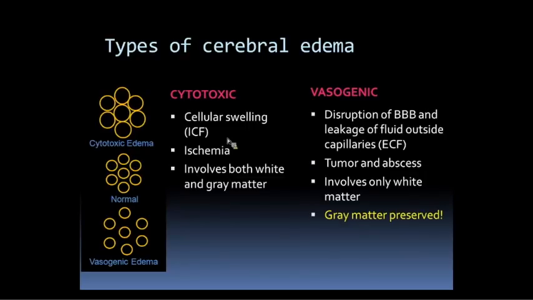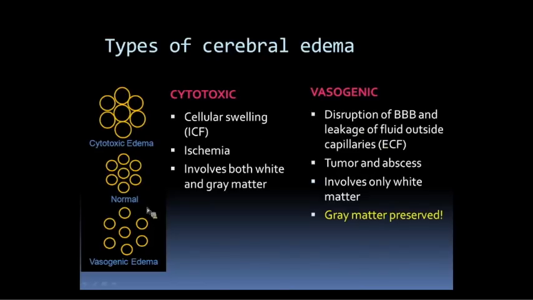The cell swells up, as opposed to vasogenic edema, where there's disruption of the blood-brain barrier, and essentially capillaries become leaky, and fluid leaks out of the capillaries and into the extracellular space. So in cytotoxic edema, we have intracellular fluid. In vasogenic edema, we have extracellular fluid.